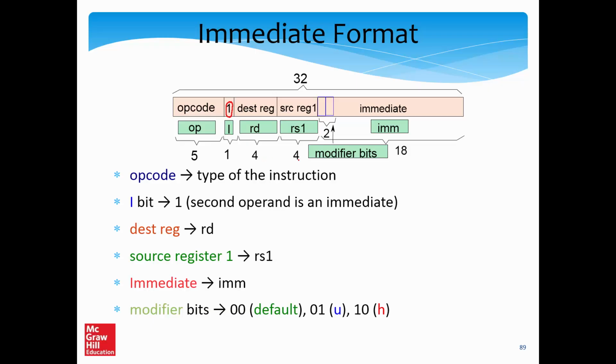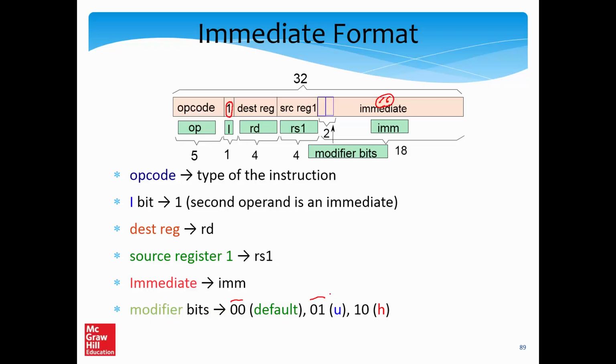The first source register, 4 bits for that. So total number of bits we have consumed up till now is 5 plus 1, 6, plus 4, 10, plus 4, 14. We have 18 bits left, which is exactly what we need. So we'll have a 16-bit immediate, and we can put in our 2 modifier bits over here. Recall that we defined 3 kinds of modifiers. 0, 0 is a default modifier.